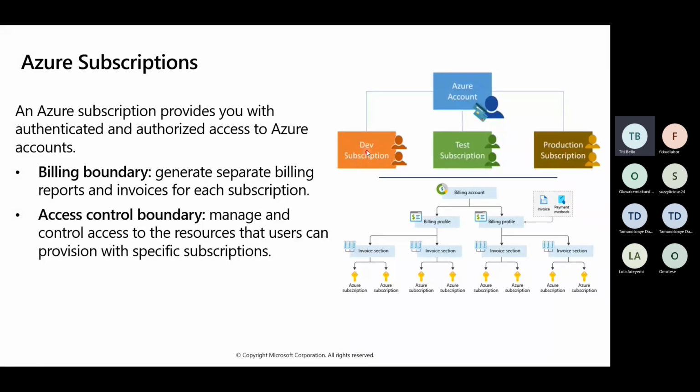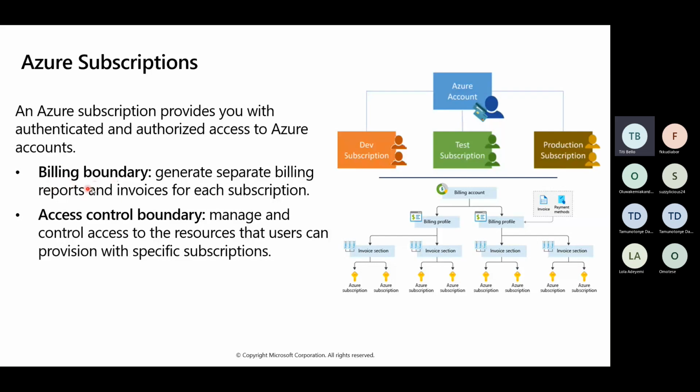If you are owing, they will generate an invoice. Each subscription contains its invoice, but the account owner has access to all of the subscriptions. The account owner can see all the subscriptions, right?